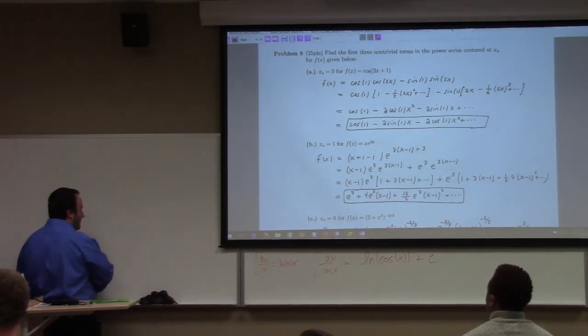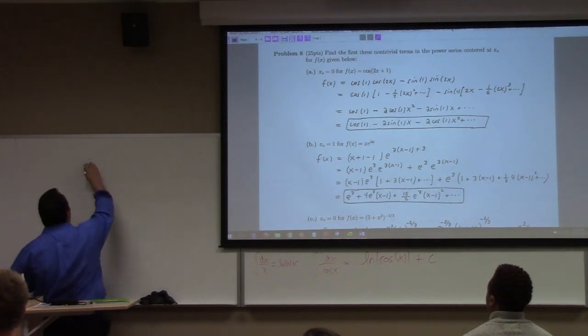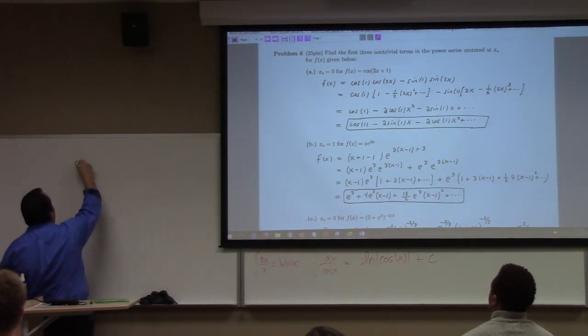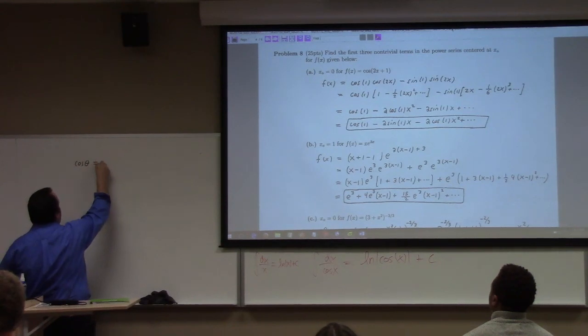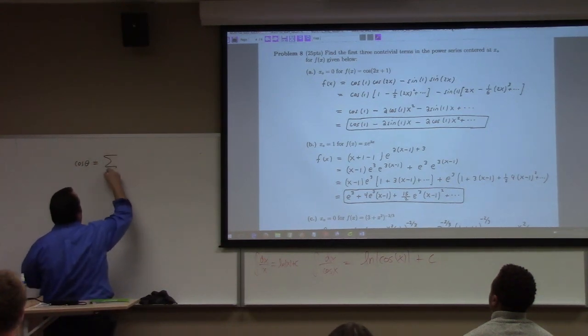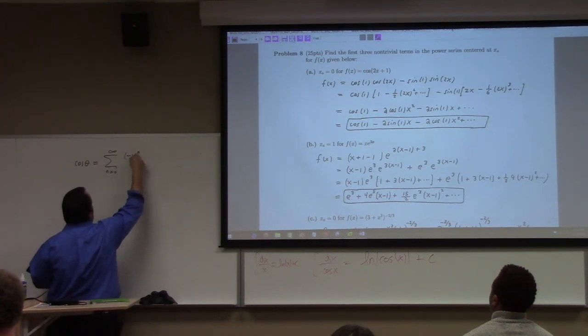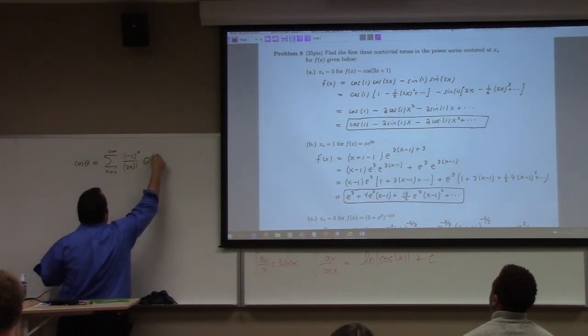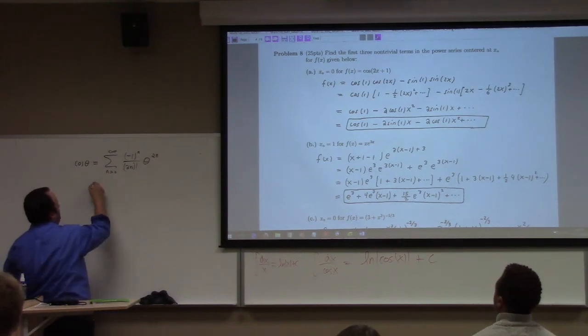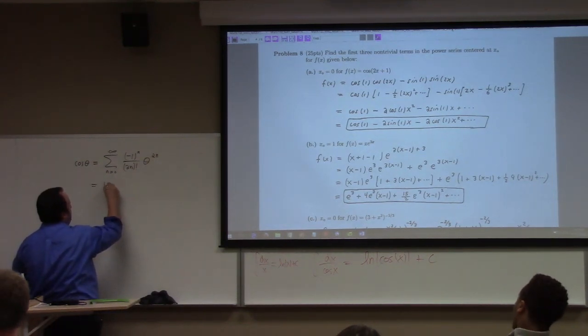It's kind of smart to remember them in terms of theta or something, and it's also good to remember the first 3 terms.